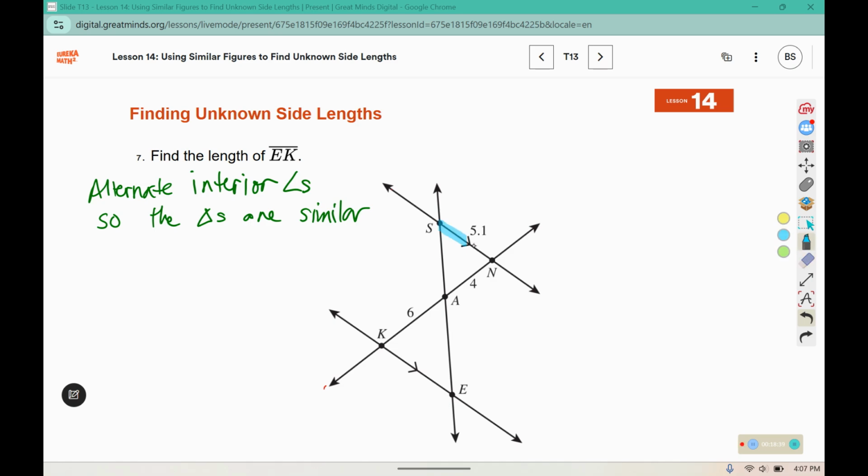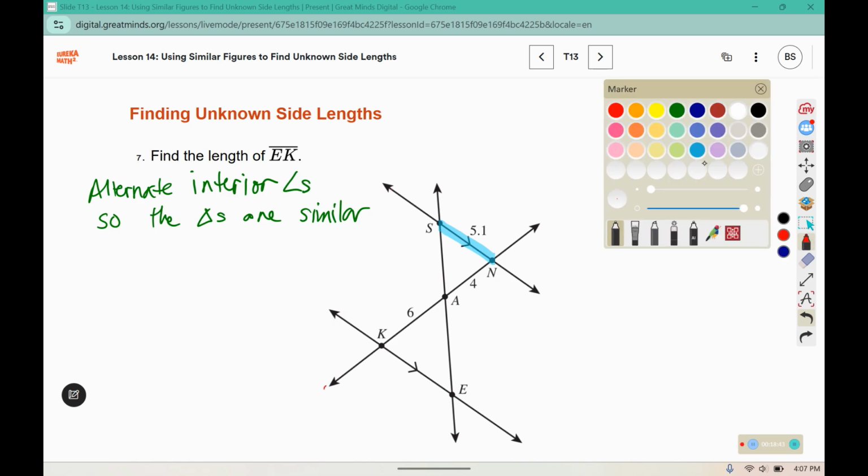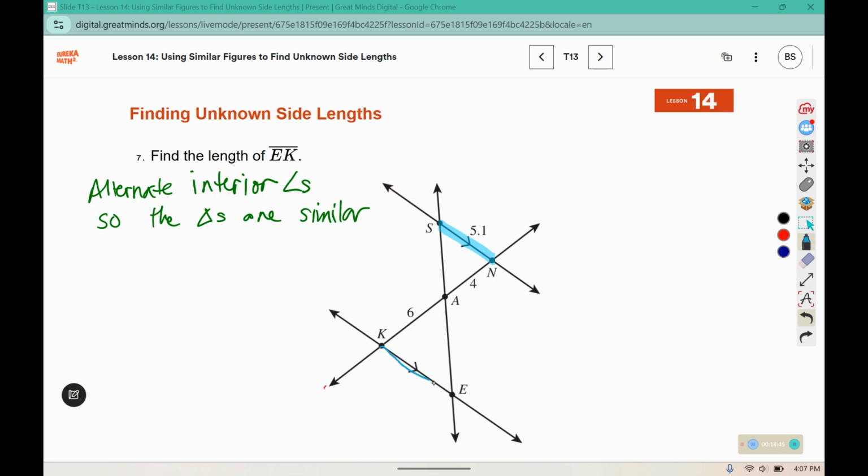So I have this side length here, which is going to match up with this side length here. That's EK, the one I'm trying to find. So I'm going to put the variable there.